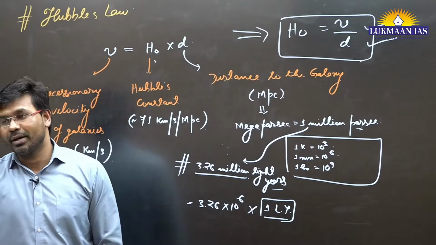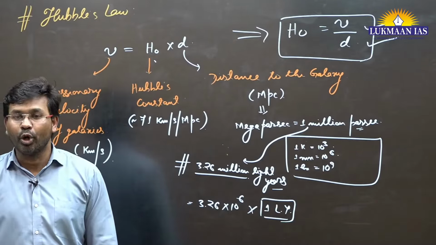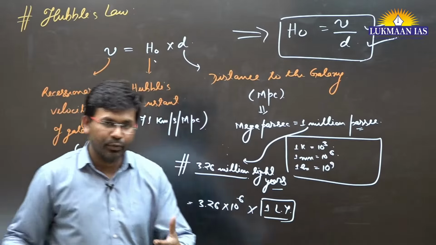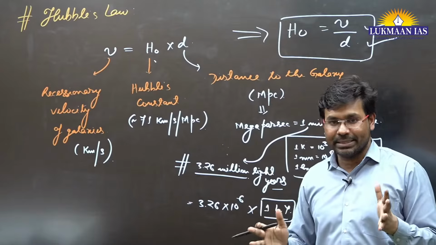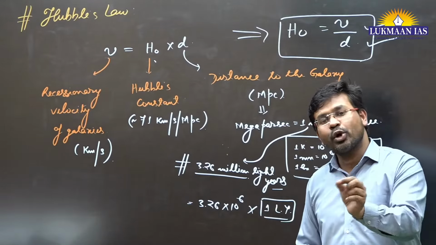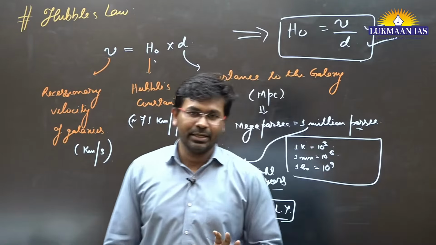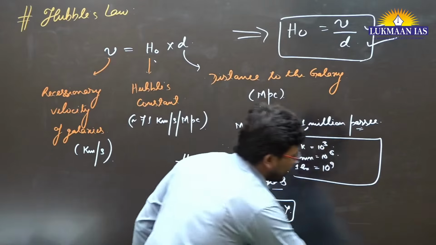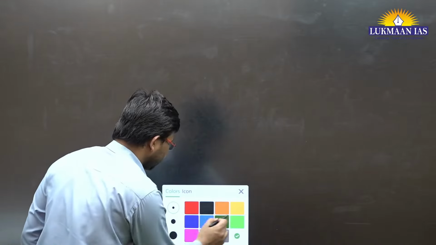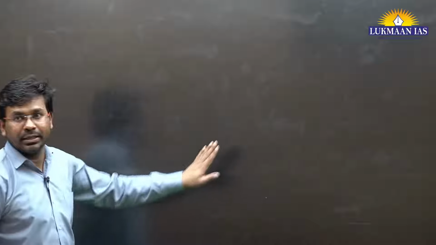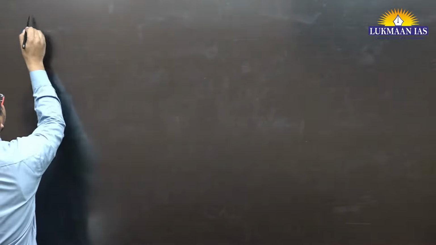That mechanism, let's say we are going to understand through the Doppler effect. If you clearly understand these concepts, you will be able to solve prelims questions very easily. Mains questions anyhow are easy in UPSC. Okay. So let us now understand a term which is known as the Doppler effect.